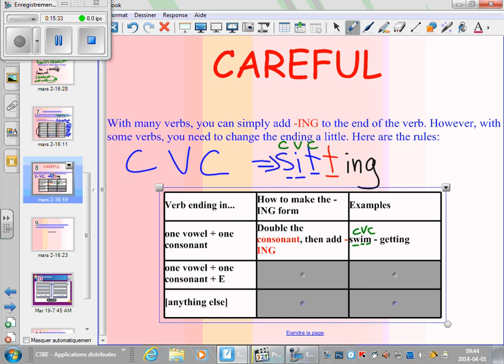Now, this rule only works if you have one vowel only in your verb. Swim, how many vowels do you have? One. So it's supposed to be working. So swimming, you're going to double the M. And getting, you have it already. I doubled the T before the ing. Okay?